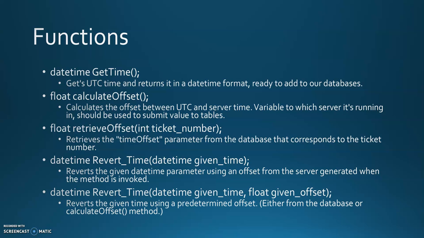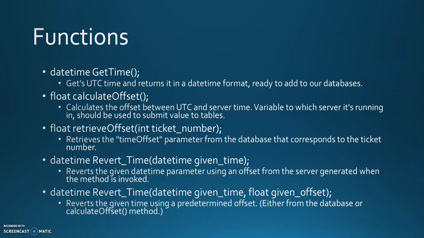You know when that order was made relative to UTC or its server, and you don't have to deal with all the time zones and the different servers. You don't have to keep a list of servers with all their time zones. You don't have to worry about them changing, things like that.